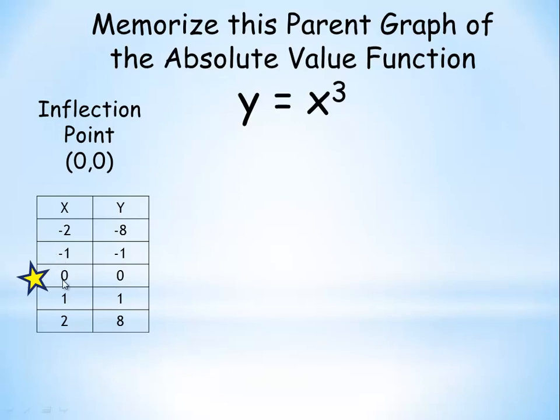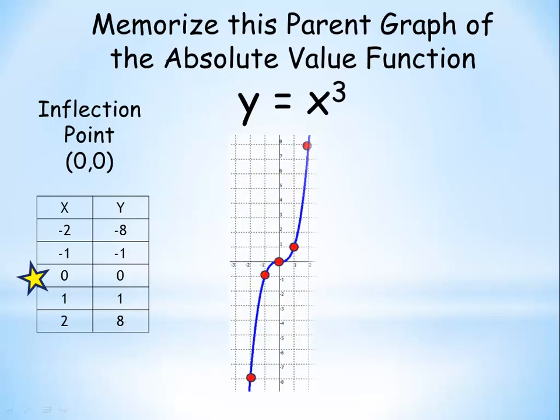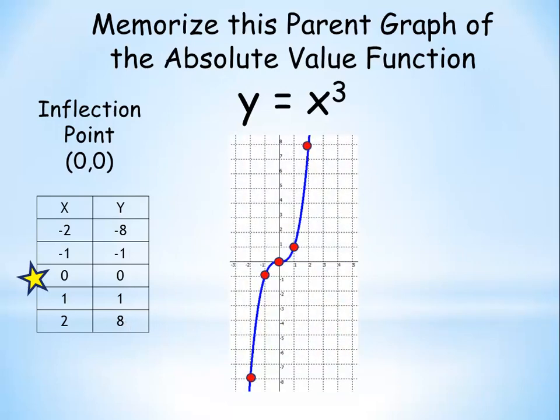And notice from 0, we counted backward, -1, -2, and then from 0 forward, 1 and 2. Simply run these values through the equation and we get the corresponding y values. When we plot them, this is what the parent graph looks like.